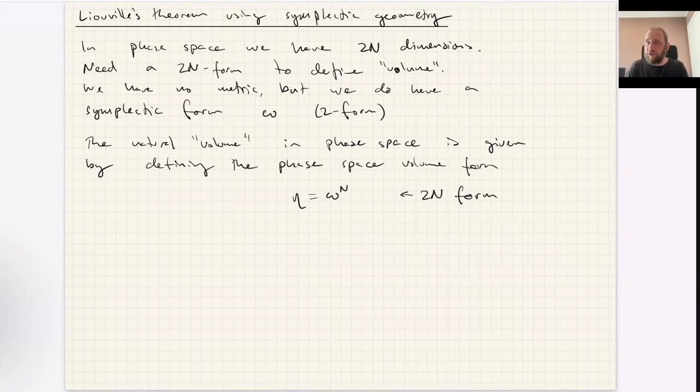And it is naturally connected to the symplectic form, to the symplectic geometry. So this defines the phase space volume element, and you can see that in canonical coordinates, we had that omega was dp_a wedge dq_a.